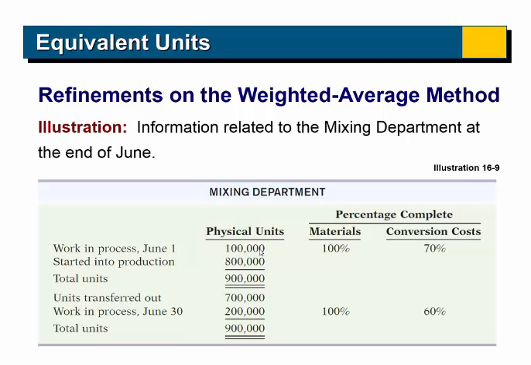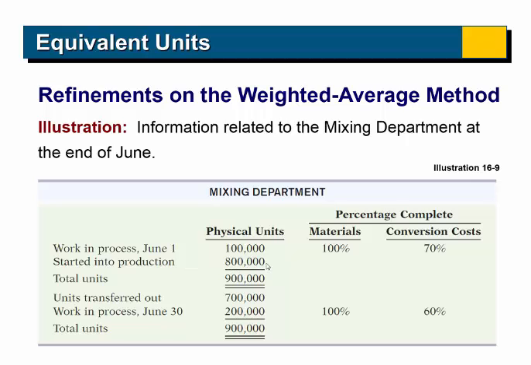This is waffles that were still in process in the mixing department in May. Okay, so at May 31st, 11:59 p.m., there were still some waffles being mixed up. 100,000 waffles worth of mix. All right, so it would still be here at 12:01 a.m. on June 1st.